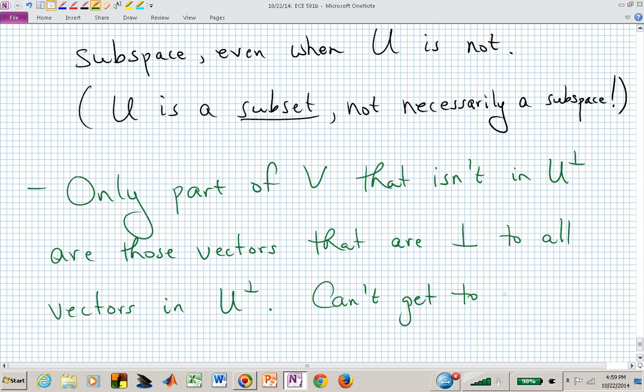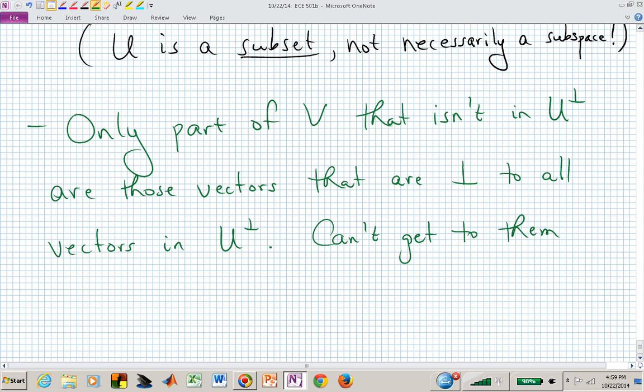And we can't get to those vectors that are perpendicular to U perp. So if we're in U perp, we can't get to those vectors that are outside of U perp by playing with everything that's in U perp. Does that make sense?